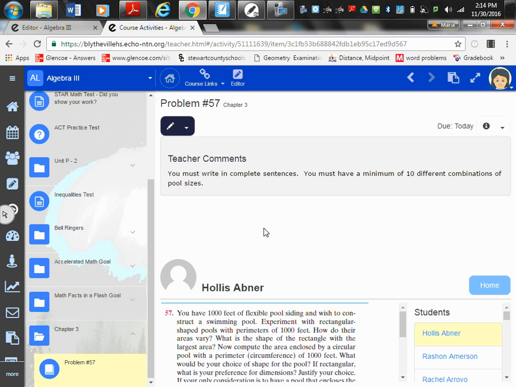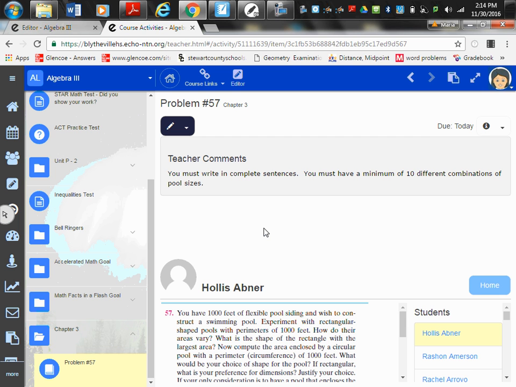So what you're doing is it says you have 1,000 feet of flexible pool siding and you're going to make a swimming pool. Experiment with rectangle-shaped pools that have a perimeter of 1,000 feet. So, first thing that you have to do is come up with your numbers that will add to make a perimeter of 1,000 feet. 10 different sets.